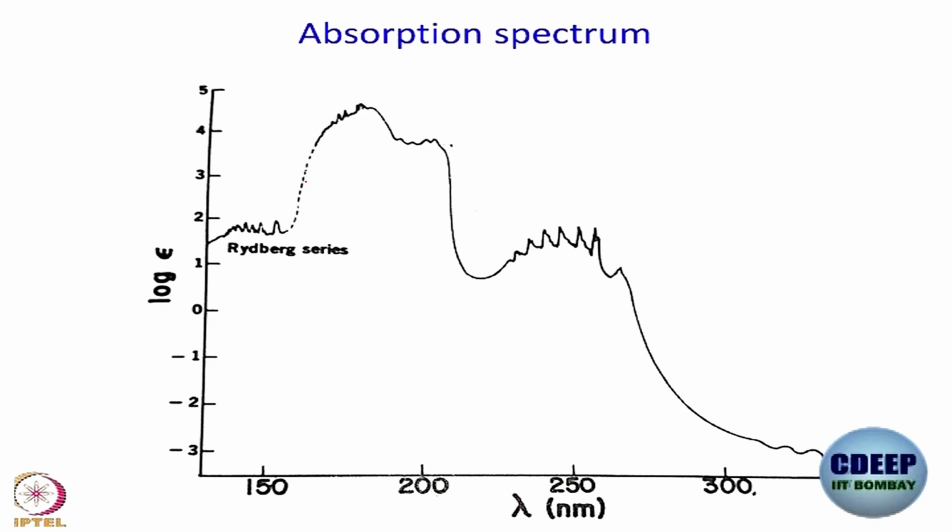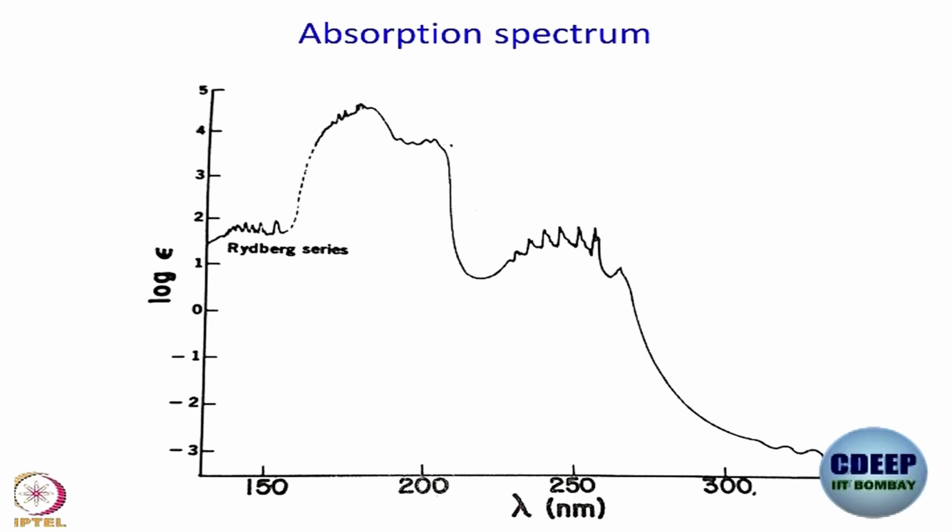Actually, this is in log scale, so you can see the lower value as well as the highest value. You can think of that as 10 to the power 5, or 10 to the power 2, like that. I should not say intensity, because absorbance is intensity transmitted by incident, right?